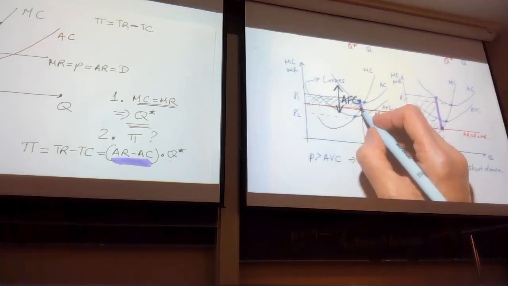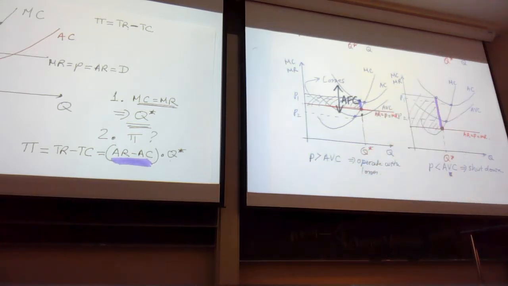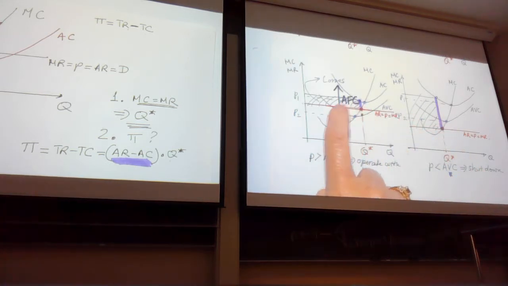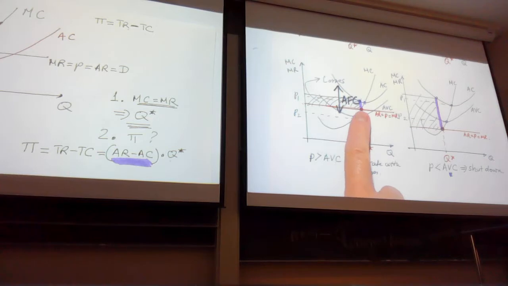So the average fixed cost, your per unit of goods produced, per sandwich rent, is higher than your per unit loss. So if you were to operate, what we're saying here is you're covering some of your fixed costs.